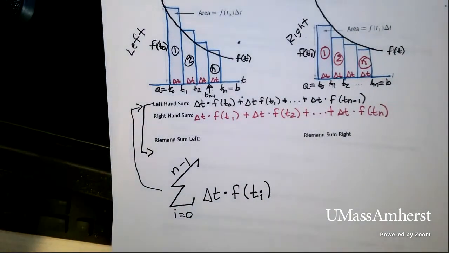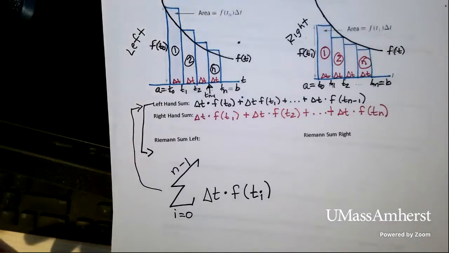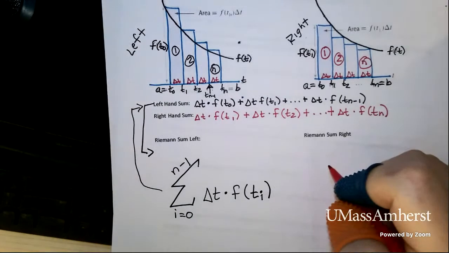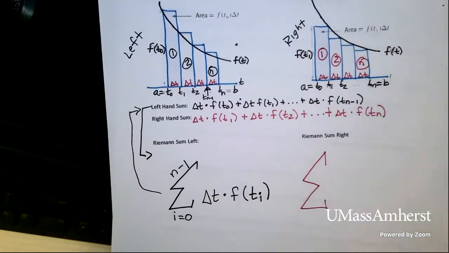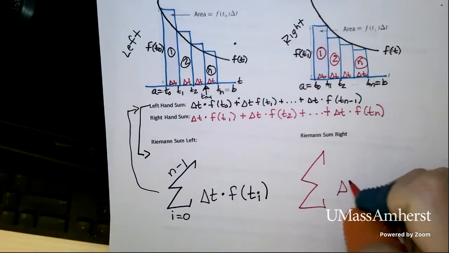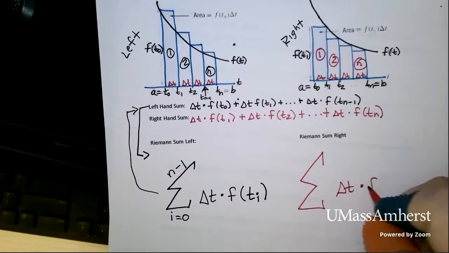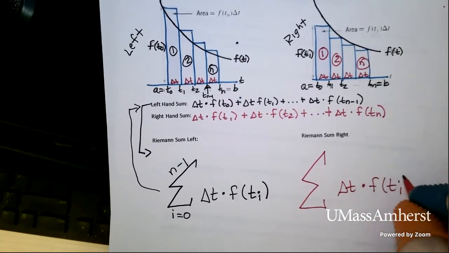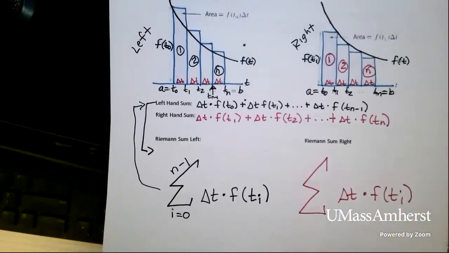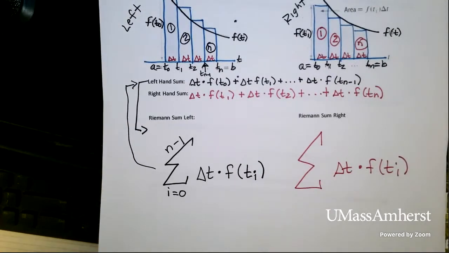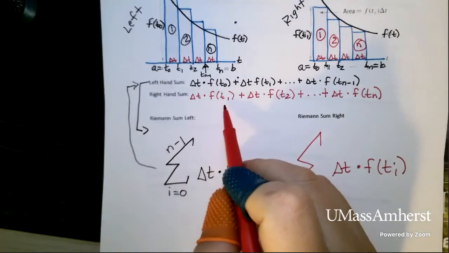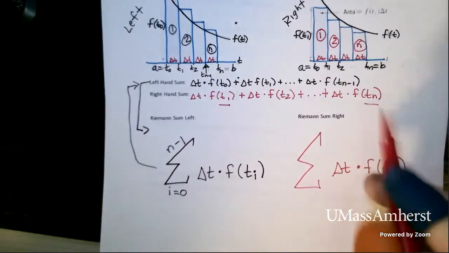So let's do the same thing for a right-hand approximation. Again, we want summation notation. Delta t is the same. And again, we're going to do f of t sub i. The difference with the right-hand sum is that now we're starting at 1 and we're going to n.